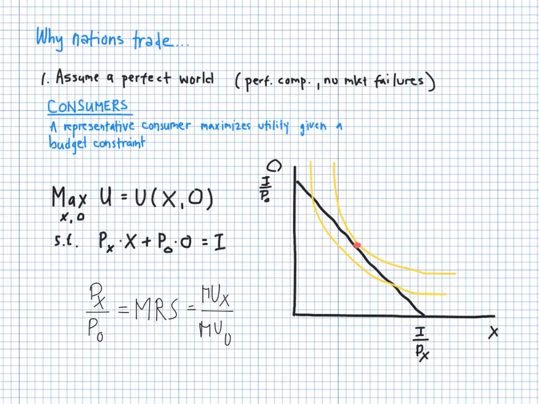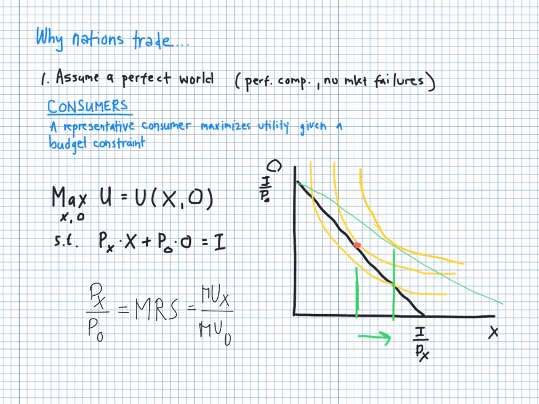In particular, if the relative price were to change, so for example, if I were to draw, suppose that the price of X was decreased, well then you could buy more of the X good, and then you would be able to reach a higher level of utility, and therefore we could see here that you would end up probably buying more of the X good.